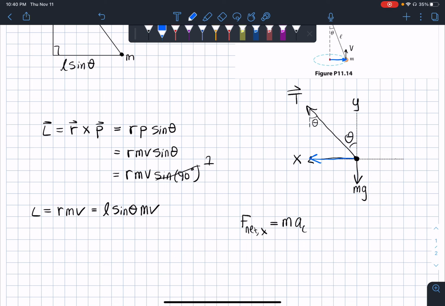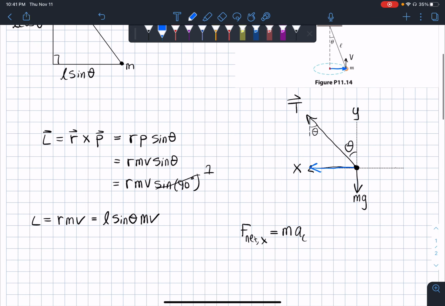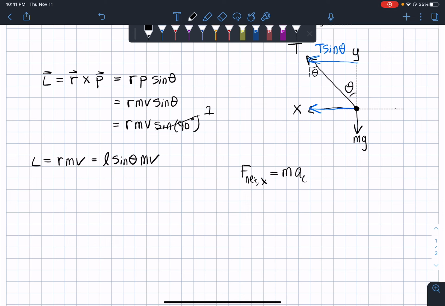So this component right here, if we imagine moving this blue vector up to here, would be T sine theta. So that's the only force in the x direction. So we're going to say T sine theta is equal to mass times centripetal acceleration, which is just v squared divided by r.